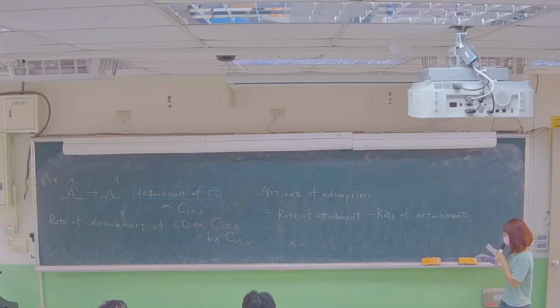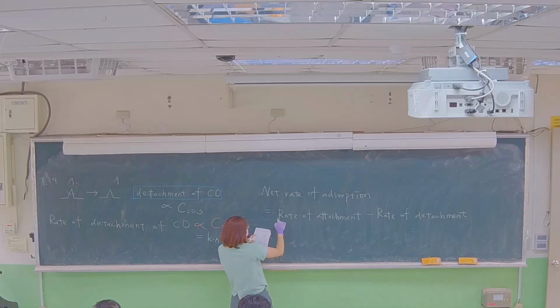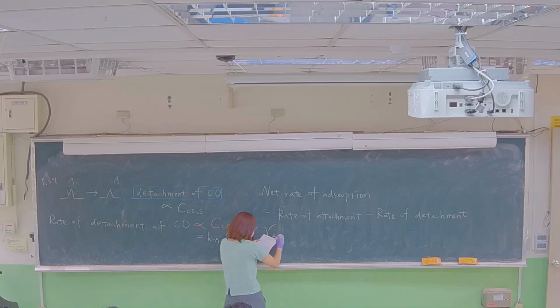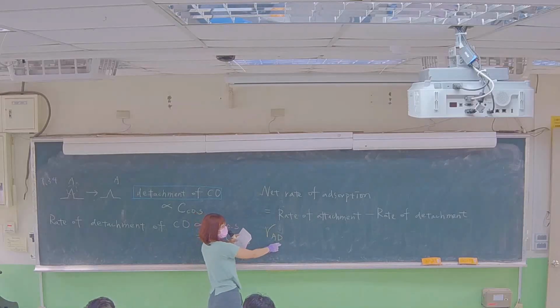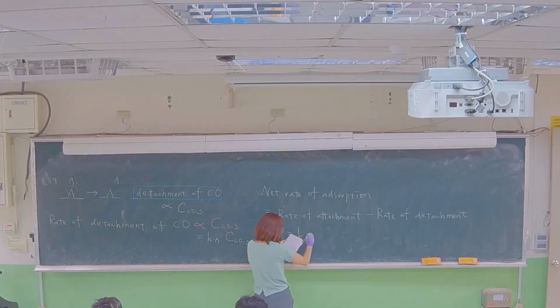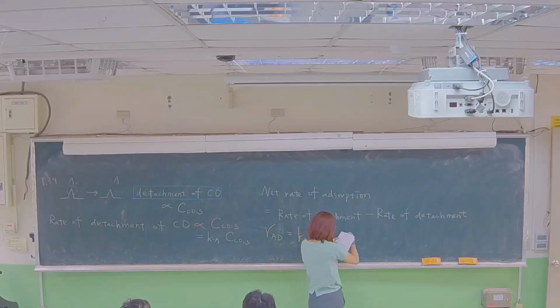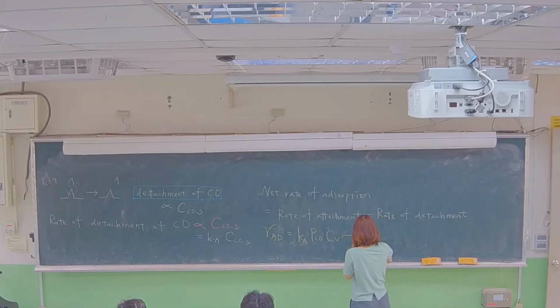Therefore, the equation is like this. The net rate of adsorption, we use RAD, adsorption AD. So rate of adsorption equals rate of attachment, which we can copy, KA PCO CV, minus rate of detachment, K minus A COS.